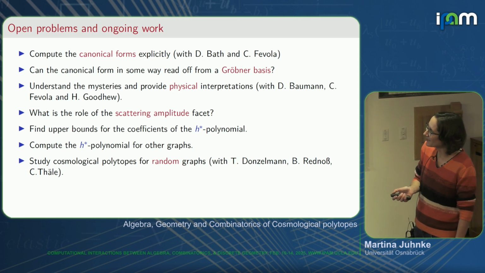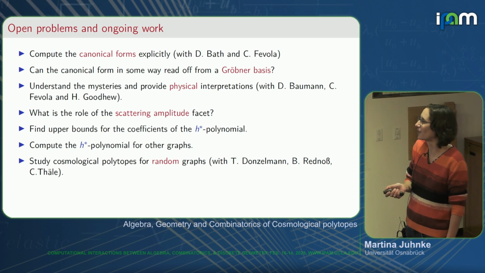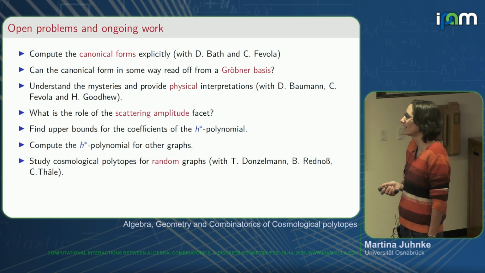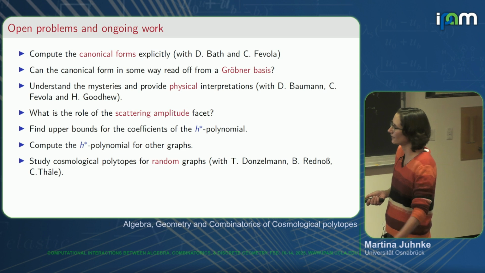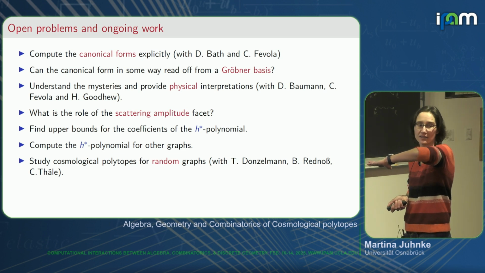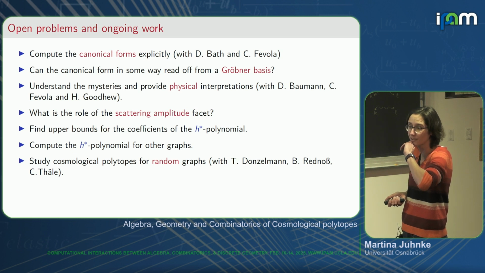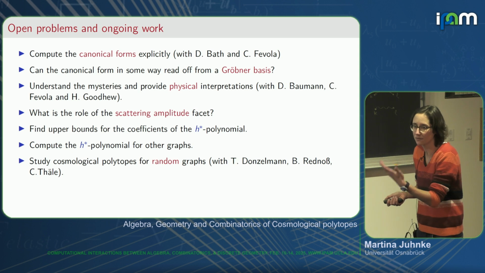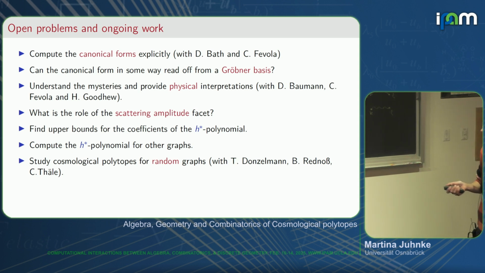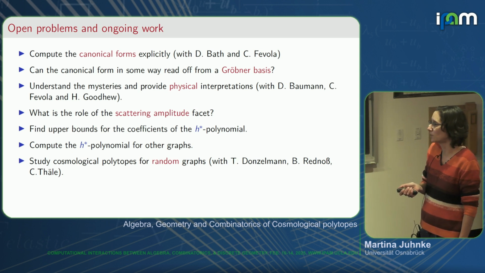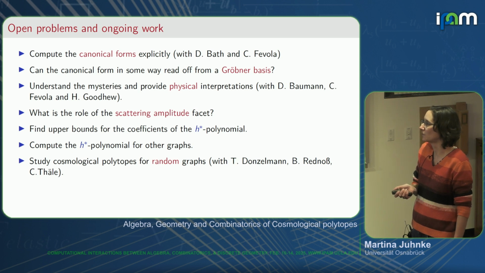Then there is a particular facet which is called the scattering amplitude facet, whose projection gives you actually the symmetric edge polytope Ben was talking about yesterday. And what's the role of these facets for physicists? We don't know.